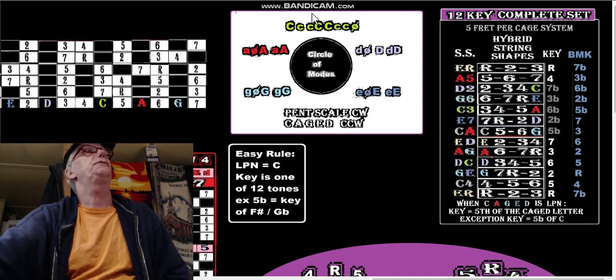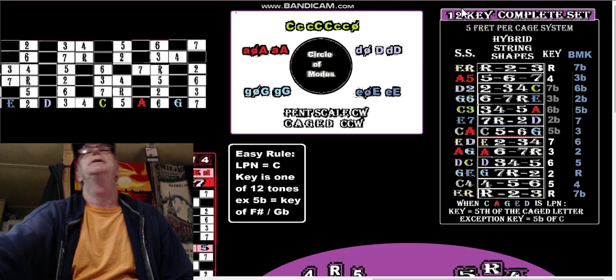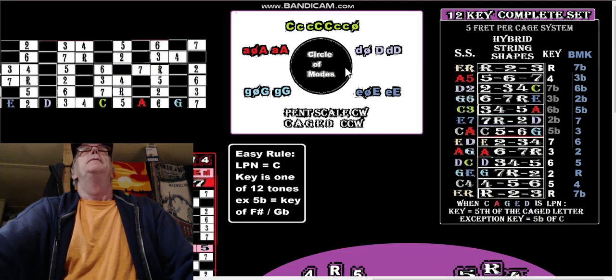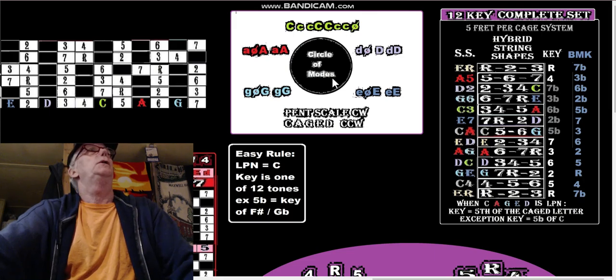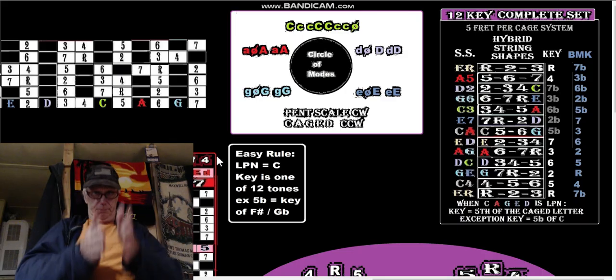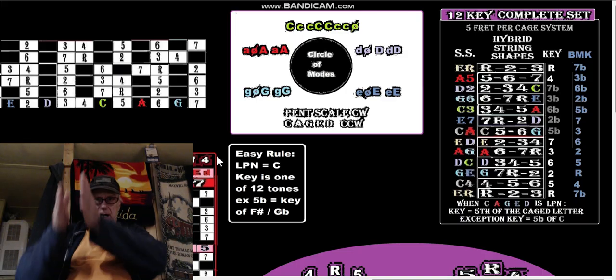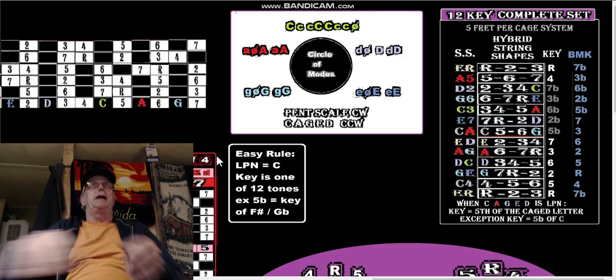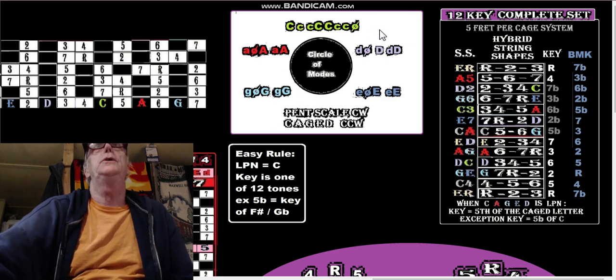Okay, let's just finish up here in Kiner's Corner. This is the circle of modes. Each one of these columns goes around the circle of modes.